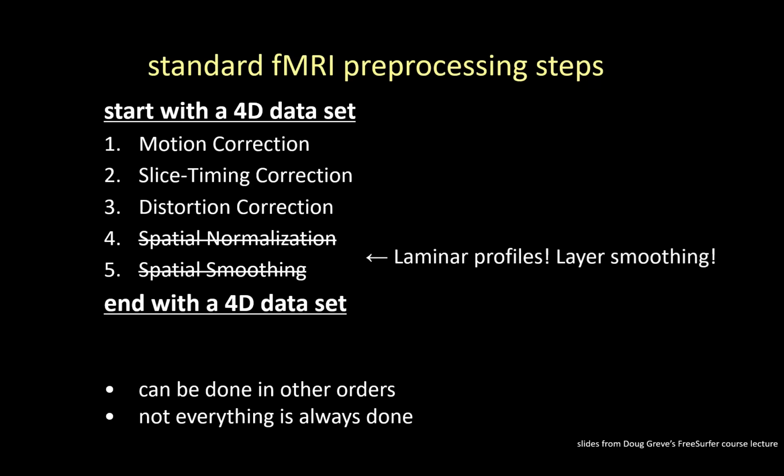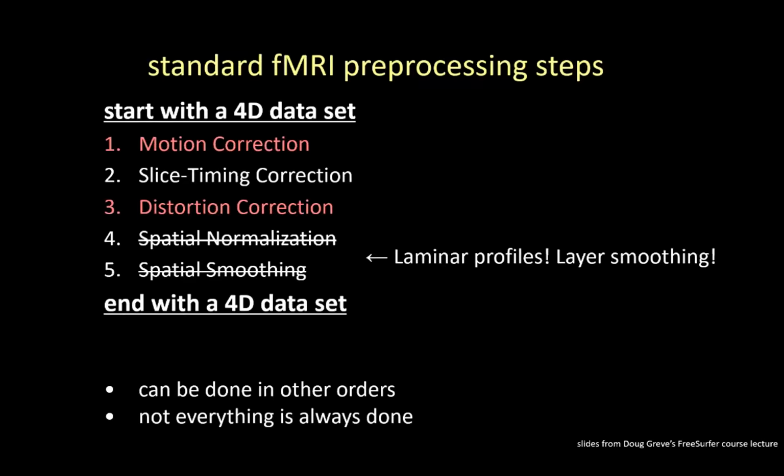Now, in laminar, we tend to skip spatial normalization, although one might argue that generating these laminar profiles and comparing profiles across individuals is a form of spatial normalization. We tend to not do spatial smoothing, or at least we do anatomically informed smoothing or layer smoothing. But generally, these two steps are not performed in laminar.